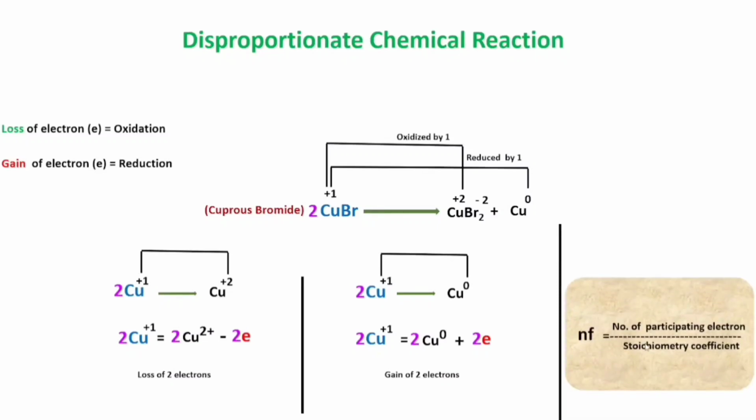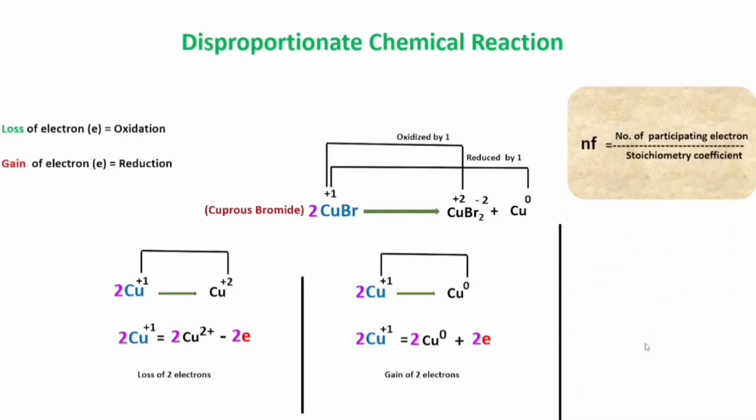For this chemical reaction, I like to use this formula that number of participating electrons to be divided by the stoichiometric coefficient. So first of all, we have to ascertain the number of participating electrons. Number of participating electrons means the total loss of electrons and the total gain of electrons.